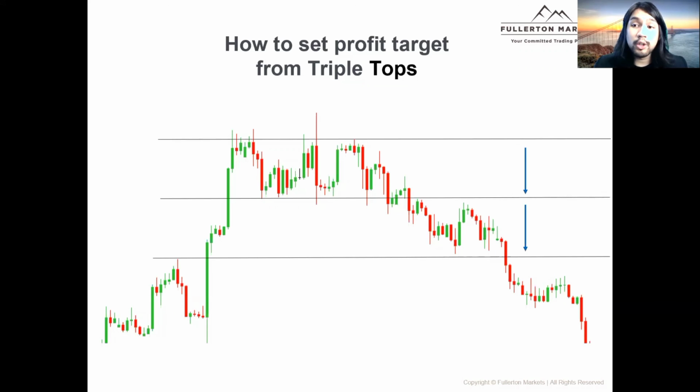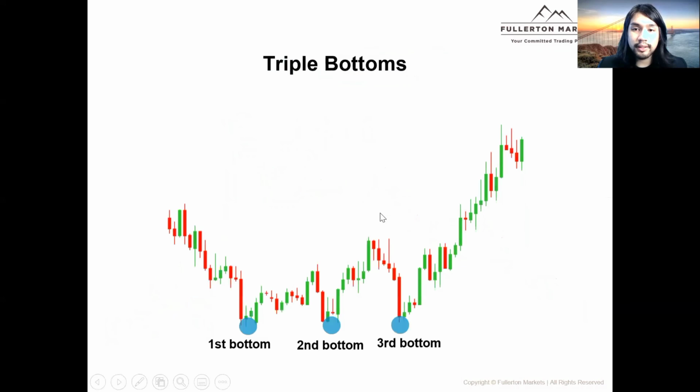So just like the earlier double tops and double bottoms, we want to measure the neckline to the top, or from the top to the neckline. And then when we set our target from the neckline once again, whatever the value here is, that is how much our take profit is, okay? All right, let's move on.